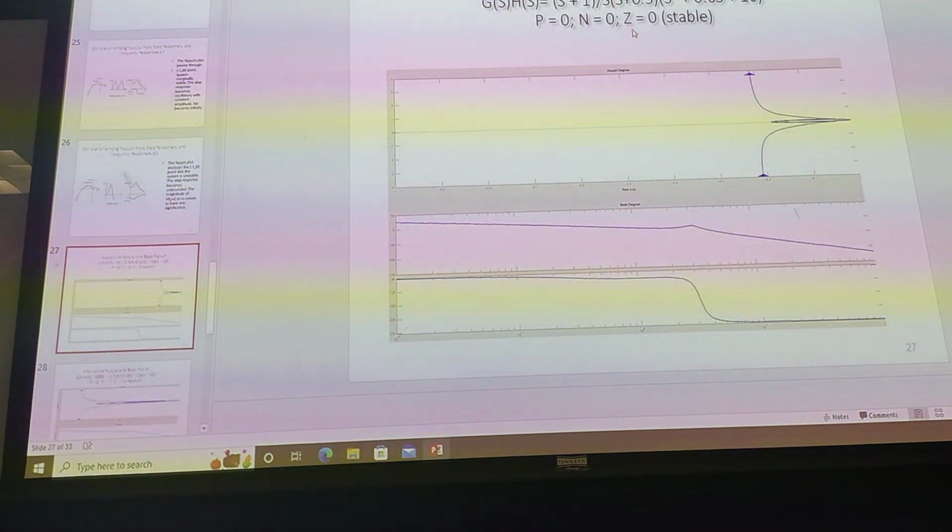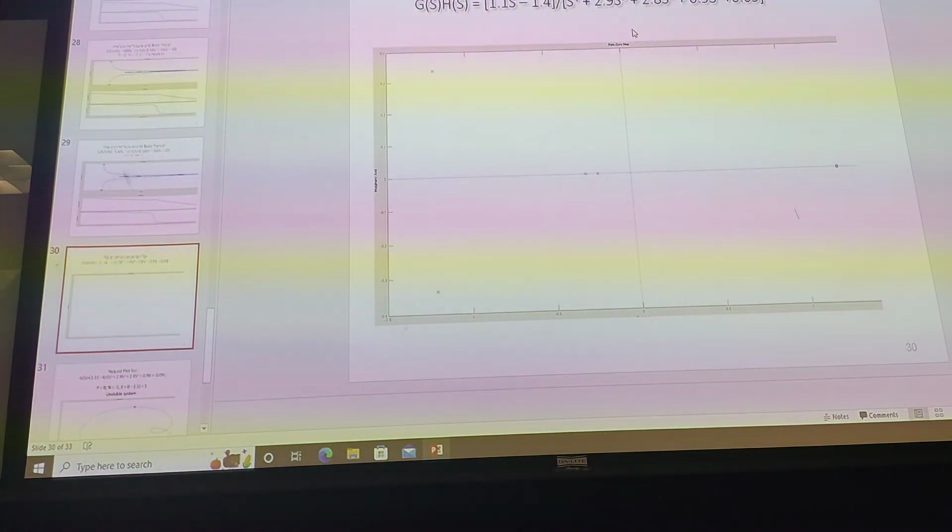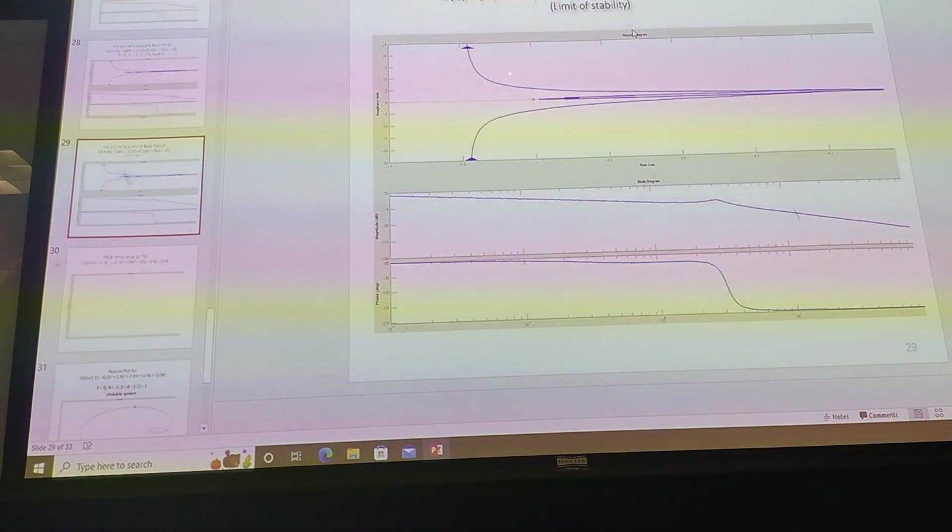Let's see the system. The point -1 is here. Then the system is at the limit of stability, according to Nyquist.